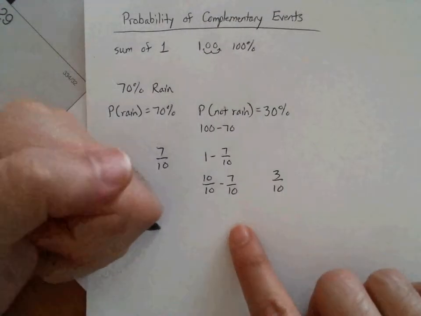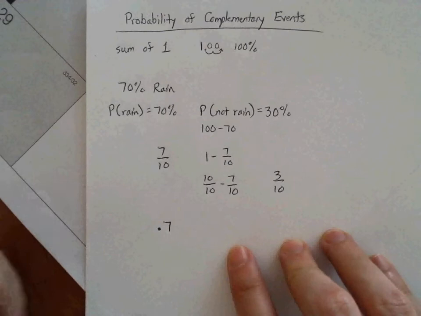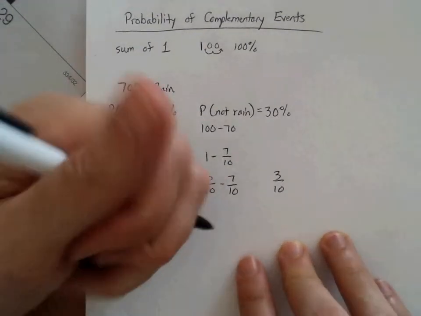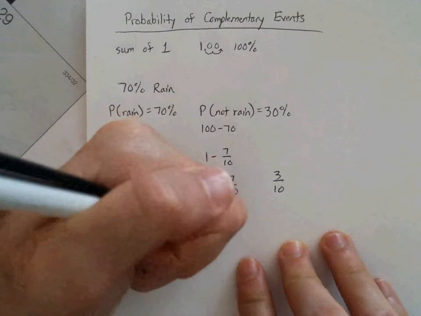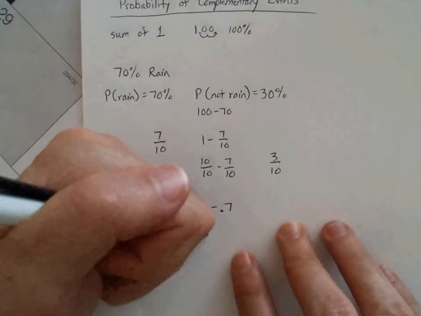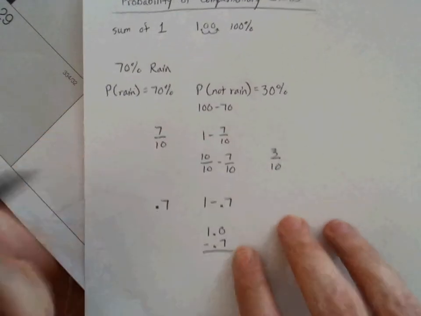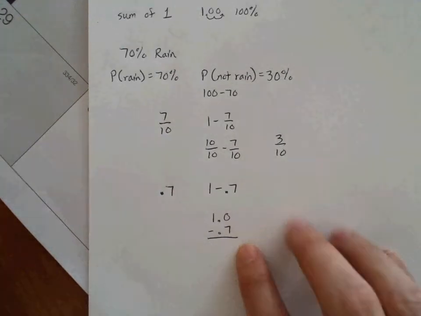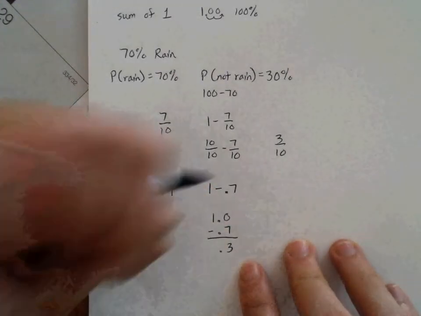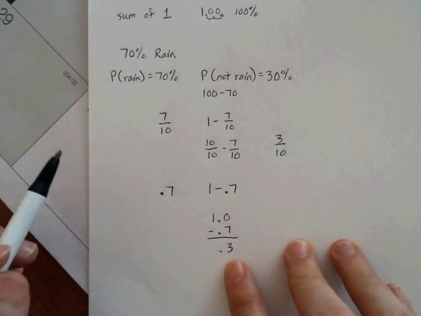Let's say it was in decimal form. So over here, let's say you had 0.7. Do the same thing we did a minute ago, except this time we're using decimals, so it'll be 1 minus 0.7. If you ever had to do this, I would set it up vertically and do 1.0 minus 0.7. In other words, 1 and 0 tenths minus 7 tenths. And here you would get 0.3. So these complementary events will give you a sum of 1 as well.